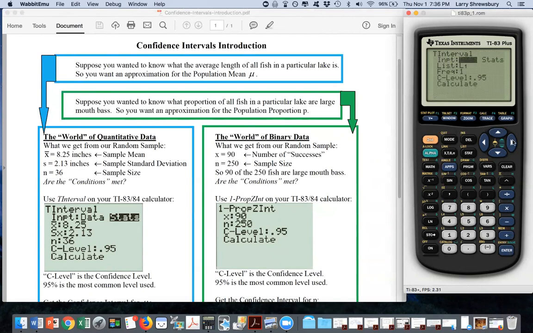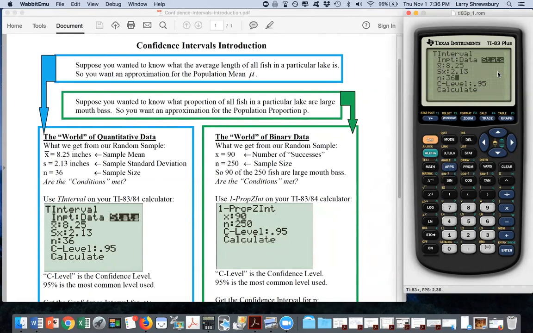Now we're going to have to highlight stats and hit enter if it isn't already selected. And from your sample, you just have 3 things: your sample mean, and they're telling us that the sample mean was 8.25, the sample standard deviation was 2.13, and the sample size was 36.